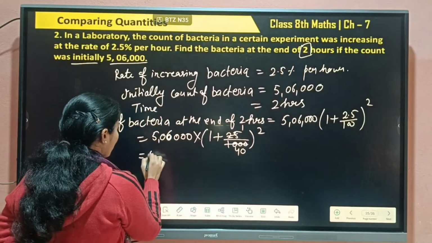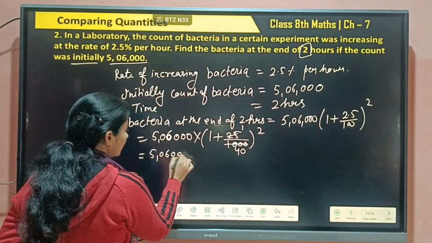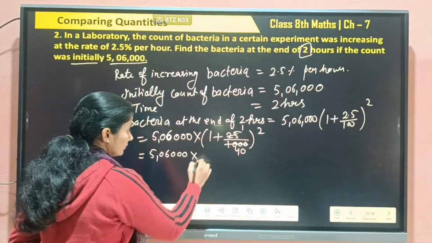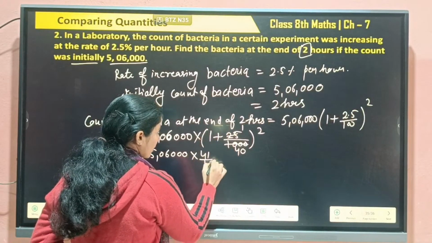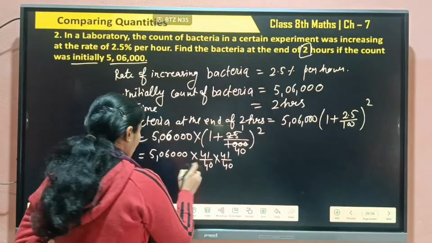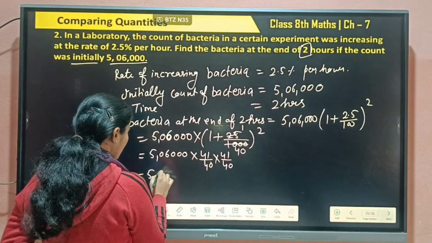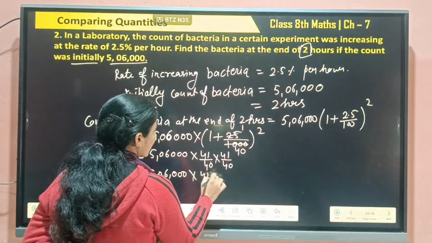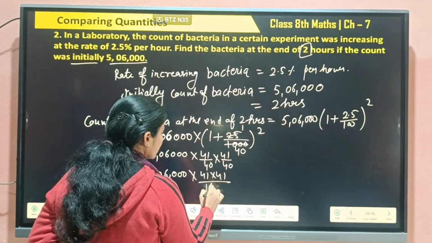It will be 5 lakh 6,000 into 40 ones are 40 plus 1, 41. 41 by 40 into 41 by 40. So it is 5 lakh 6,000 into 41 into 41 by 1600.